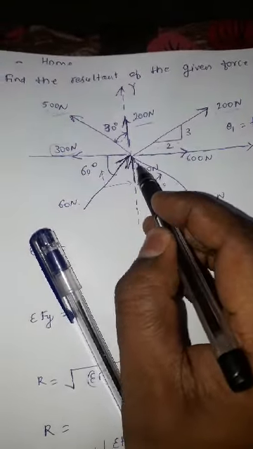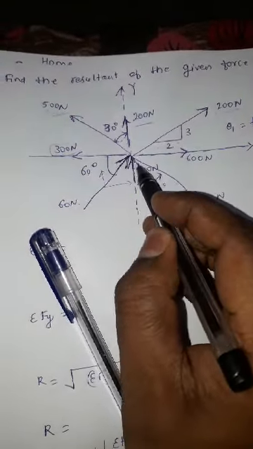Now in the second step I am going to resolve the forces. In resolution you have to resolve only inclined forces. So 200 is an inclined force making an angle theta equal to 56.31 with the horizontal. I am resolving this force into two components, one horizontal and another vertical.